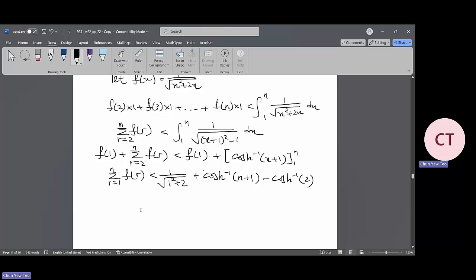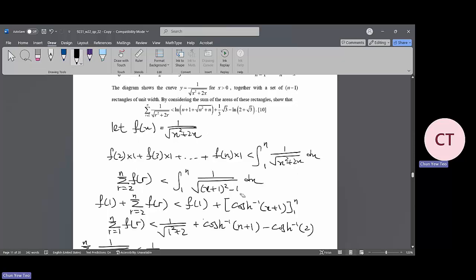Your left-hand side will be written as 1 over square root of r squared plus 2r. Now this one is the inverse of cosh, but the expression that they give you over here is in the form of ln.